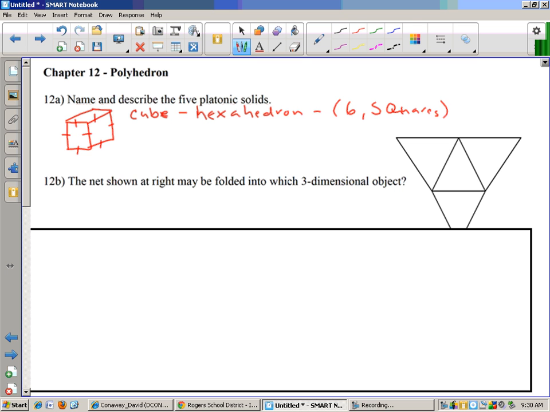Tetris, right? Because it has 4 blocks. Each of the little shapes on Tetris is made out of 4 blocks. So that would be a tetrahedron, and that's made out of 4 triangles.